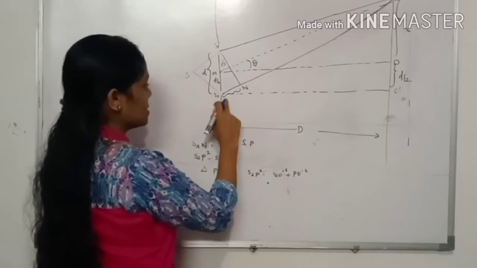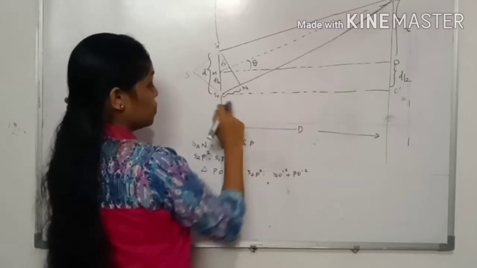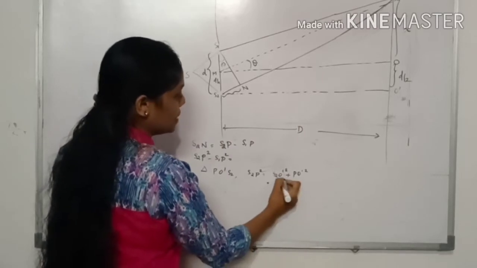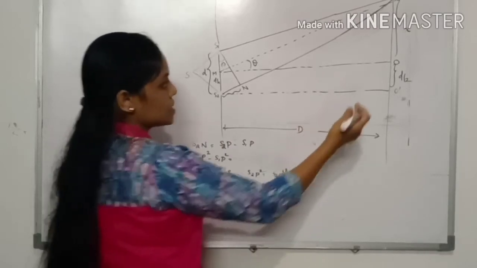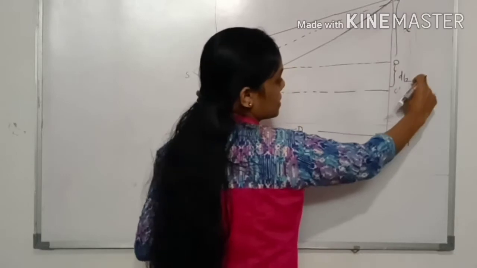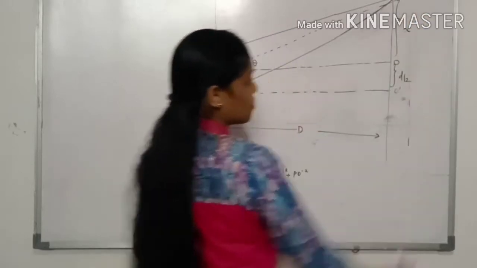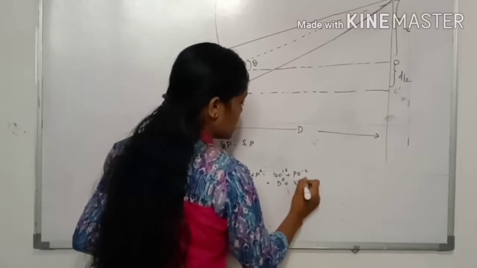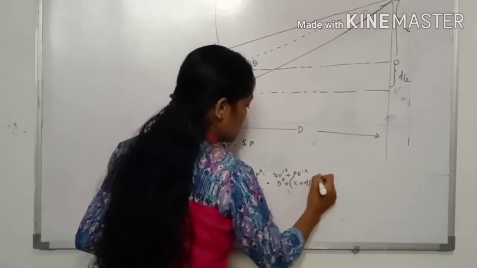S2 O dash is D, so D square plus P O dash, where this is x and this is d by 2. So the total distance from P to O dash is x plus d by 2, squared.